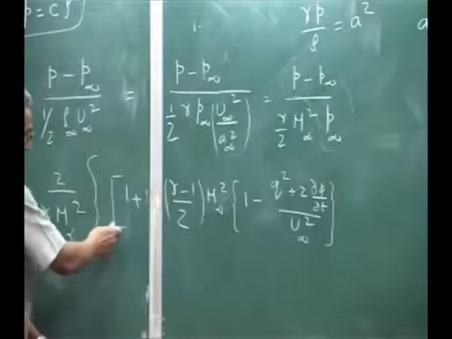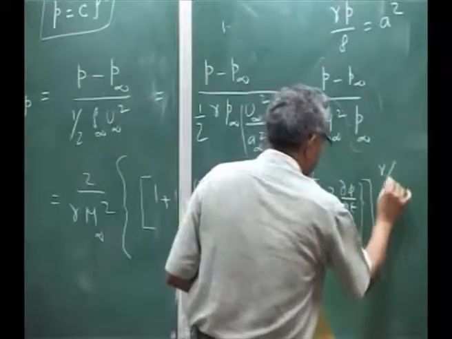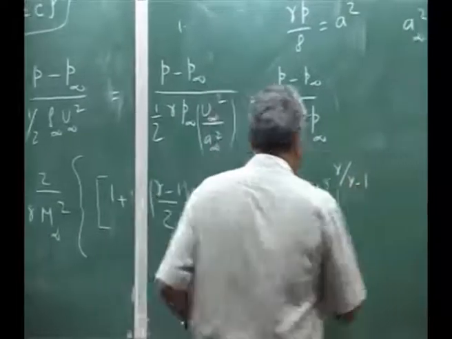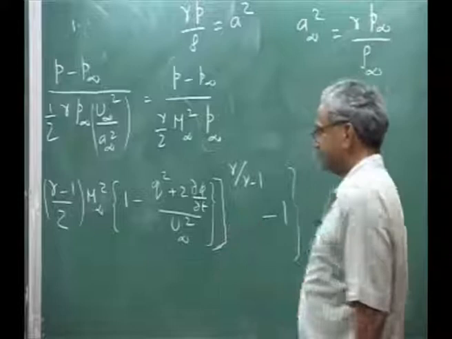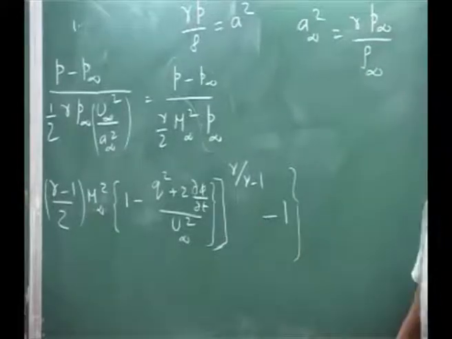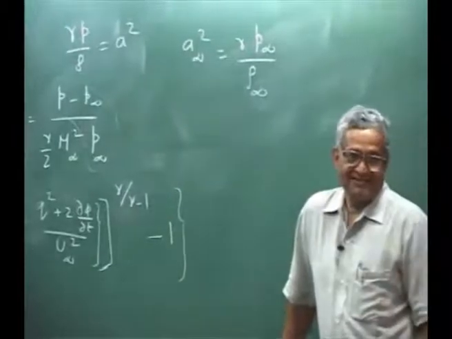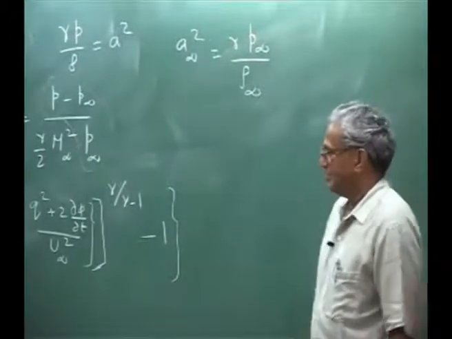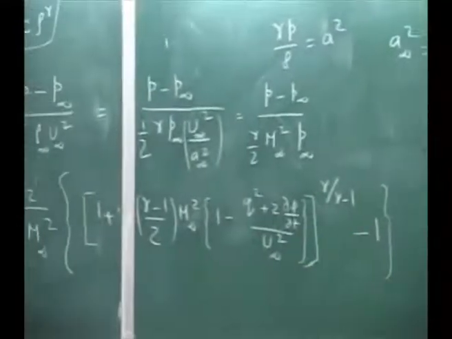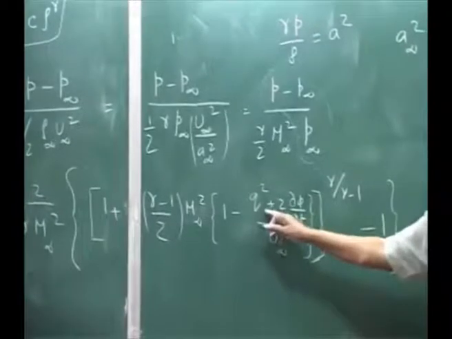Please understand this, I close now the bracket. This is gamma over gamma minus 1, and then I put another minus 1. Okay. This is my pressure coefficient, Cp.